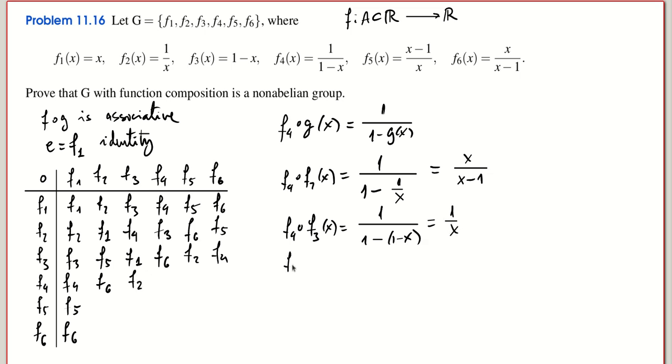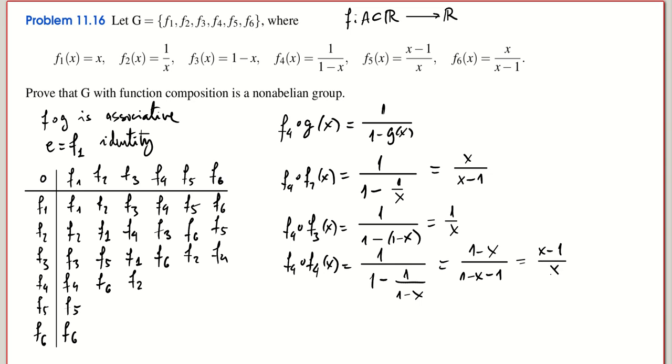We compose with f4. That is 1 over 1 minus f4, which is 1 over 1 minus 1 over 1 minus x. So that is equal to 1 minus x over 1 minus x minus 1. So this is x minus 1 over x, and that is f5.